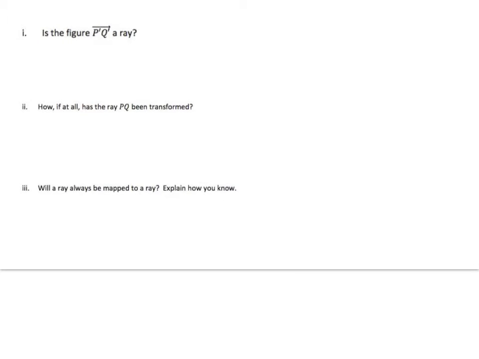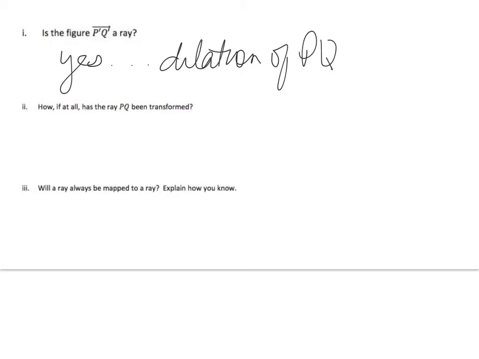So, is this figure P prime, Q prime a ray? Yeah. A dilation of ray PQ is ray P prime, Q prime. How, if at all, has the ray PQ been transformed?